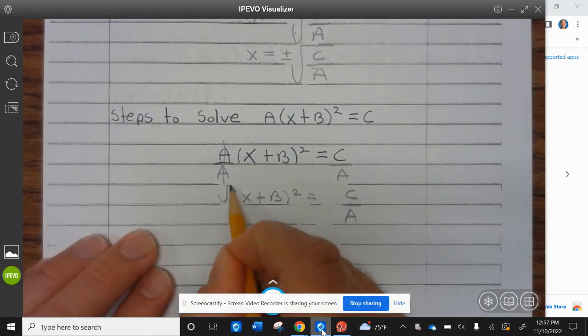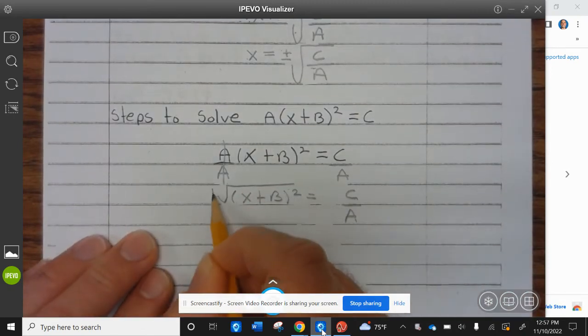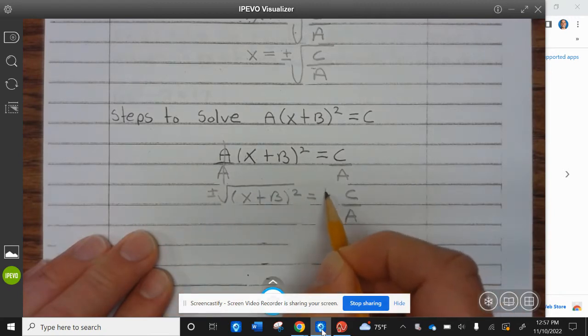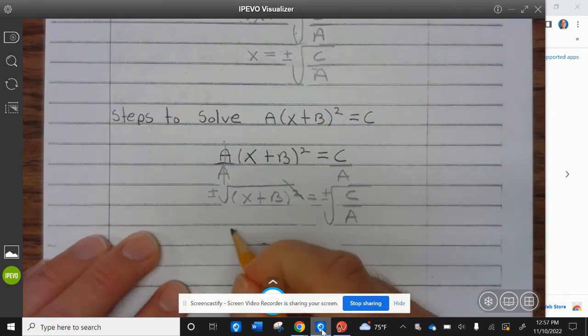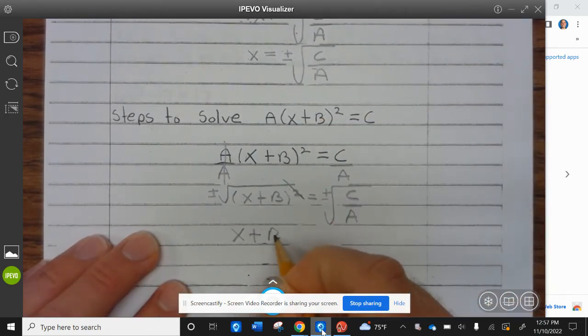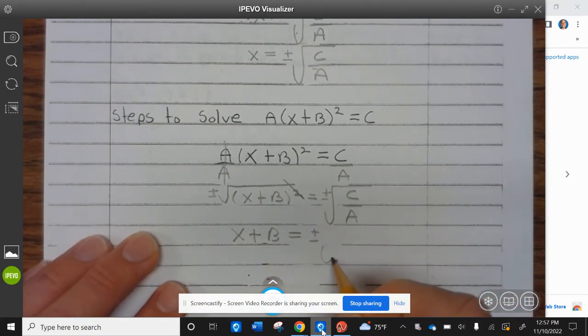Now we're going to take the square root of both sides. Remember, that's plus or minus. That cancels the squared. You have x plus b equals plus or minus the square root of c divided by a.